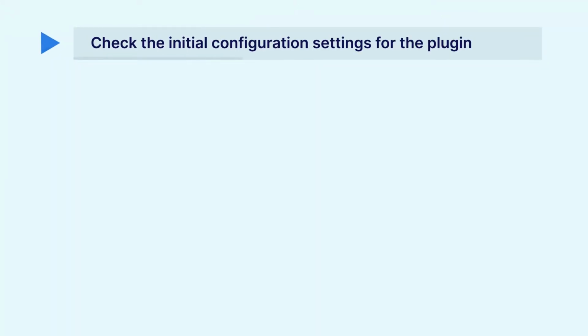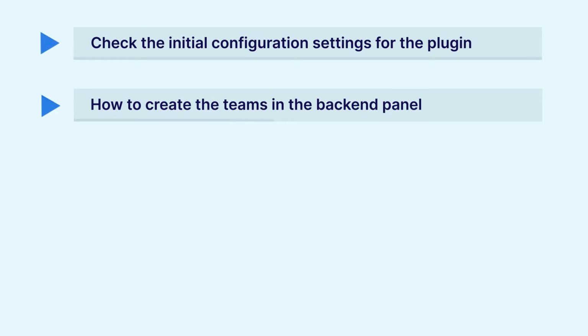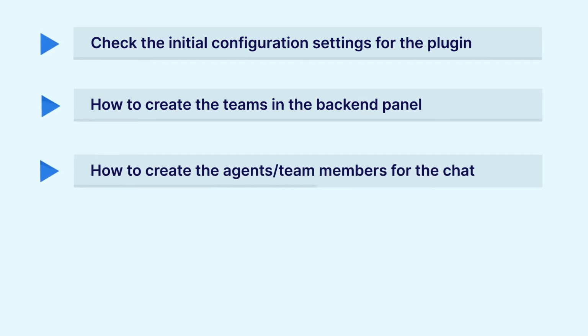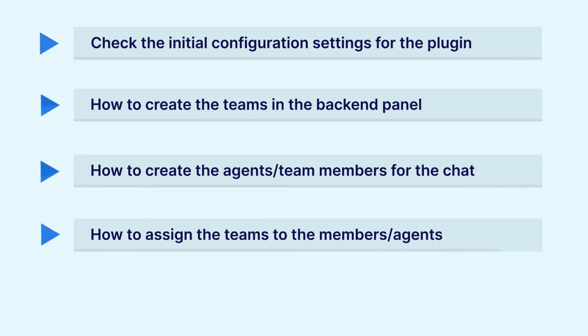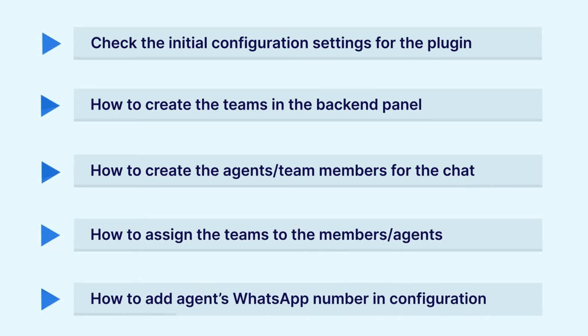In today's video tutorial, we'll be checking the initial configuration settings for the Shopware 6 WhatsApp live chat module. Apart from that, we'll be seeing how to create the teams at the backend, how to create the agents, and how to assign the agents to the teams. When we are creating the agents, we will be able to add the agent's WhatsApp number as well in the configuration settings.